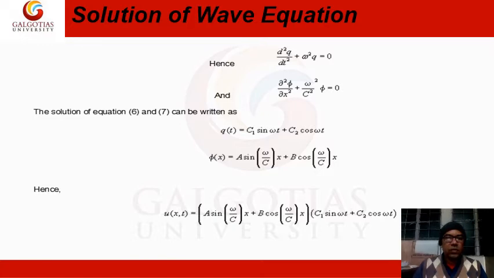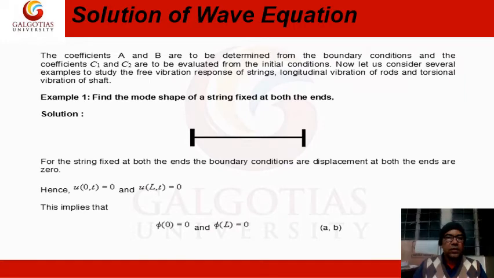If you put that into the equations, you will get phi(x) as a sine of omega by c x, plus b cos of omega by c x. Hence the solution will be in this form, in sine and cosine form: u(x,t) equals a sine omega by c x plus b cos omega by c x. The coefficients a and b will be determined from the boundary conditions, and the coefficients c1 and c2 will be evaluated from the initial conditions.